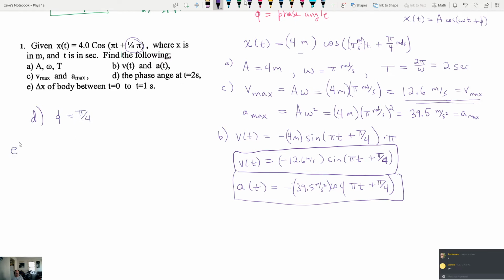And then for part E, we want to find delta x of the body between t equal to 0 and t equal to 1 seconds. How can we do that?